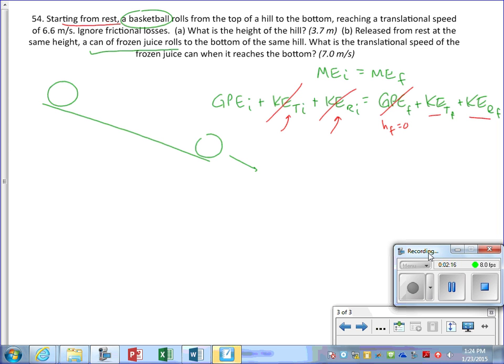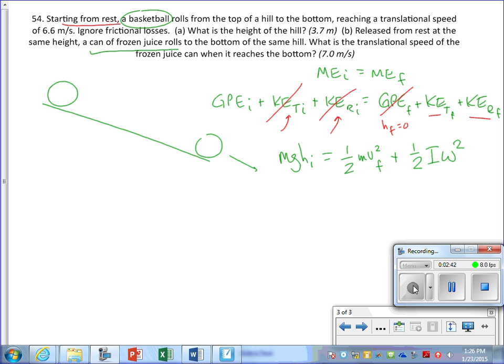So this turns into GPE initial, mgh initial, equals KE final: 1/2 mv squared, the translational kinetic energy, plus KE rotational, 1/2 I omega squared.